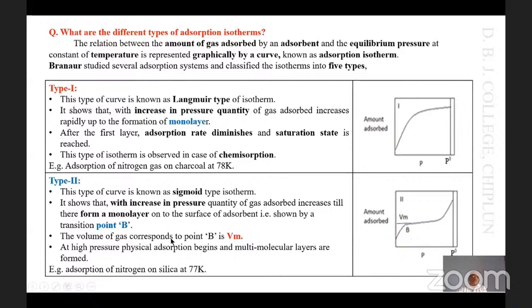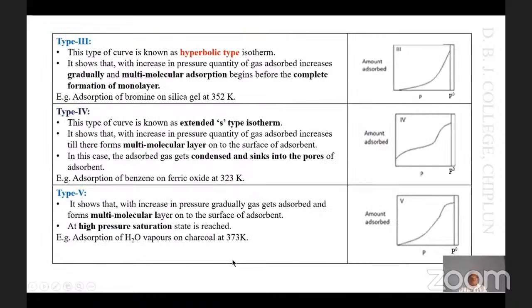The example of this kind of adsorption system is adsorption of nitrogen gas onto the surface of silica at 77 Kelvin. Now, the next type of adsorption isotherm is type 3.